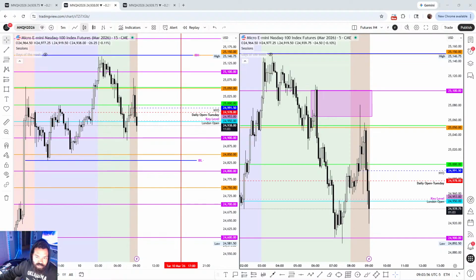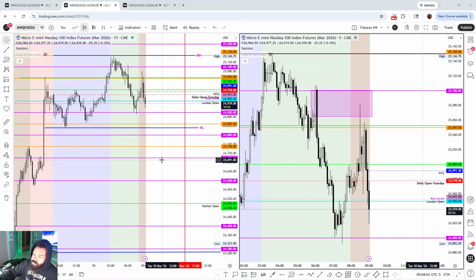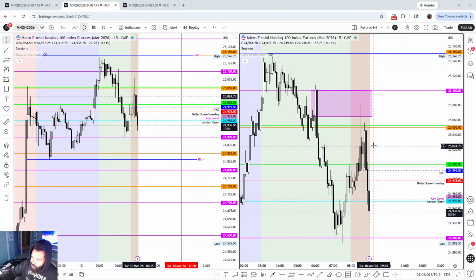QQQ kind of looks bearish, back down to 603s as well, so that's definitely a sign that we probably could roll over here. I would only want that position up in there.